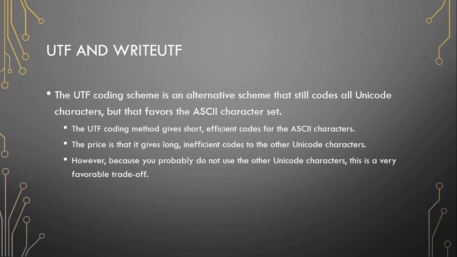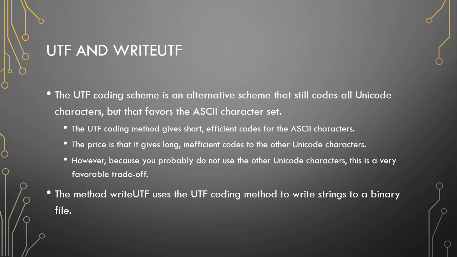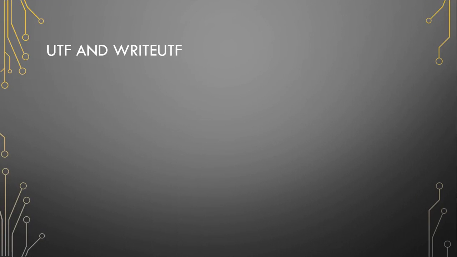However, because you're probably not going to use the other Unicode characters, this can be a favorable trade-off. Unless you're going to be delving into things besides the English character set, UTF is probably going to work fine. The method writeUTF uses the UTF coding method to write strings to a binary file.